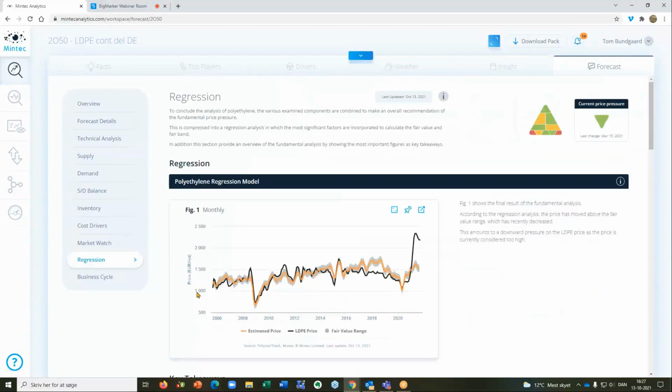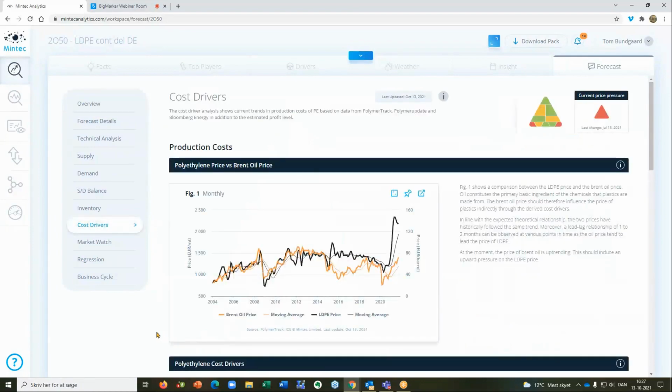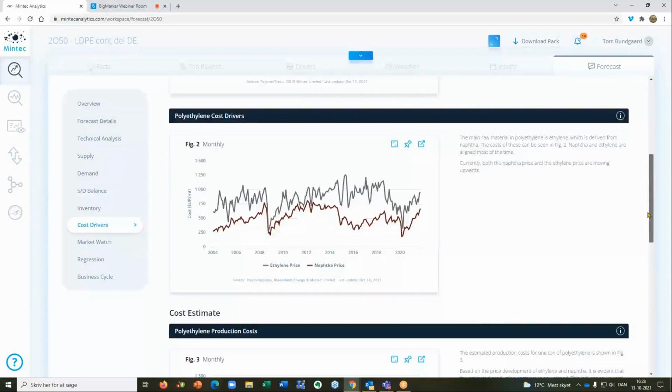What about the regression? You can see that polyethylene is making a very, very strong increase. The fair band is going up, but this is a very big bubble, bigger than we've ever seen before. All commodities are doing that right now. And for example, if you go to, let's say, cost drivers, you can have a look at the cost of producing polyethylene.